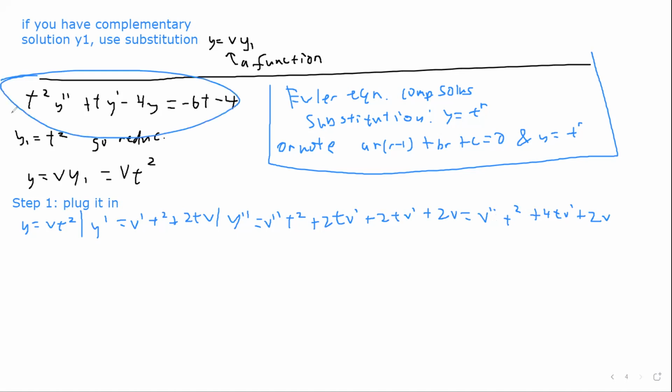And now we can plug all that into here and see what happens. The magic is going to occur. It's going to be beautiful. For a given definition of beautiful.